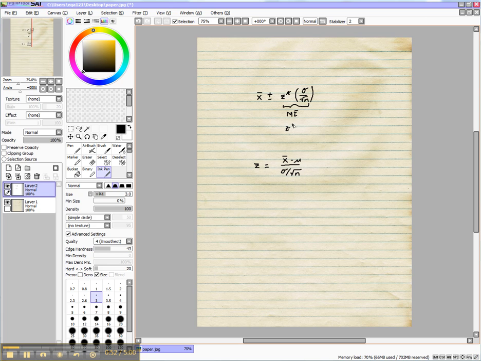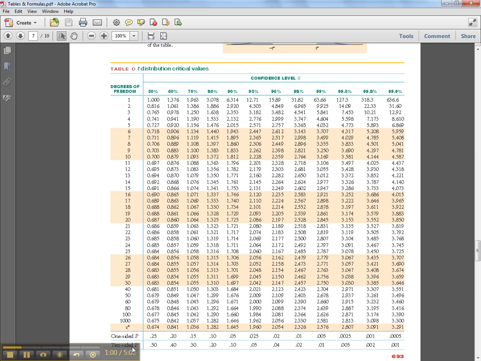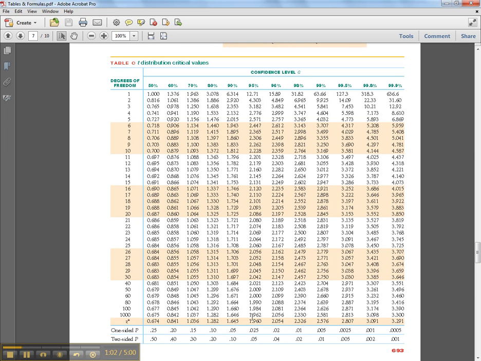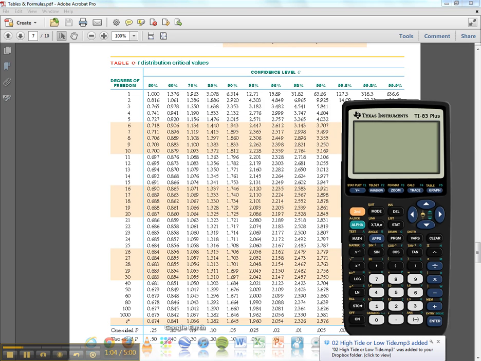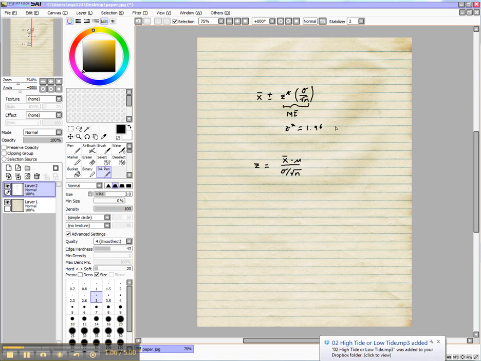What we know is that z star is equal to 1.96, I believe. Let's verify that. At 95%, yeah, 1.96. So going back to it, so z is 1.96. So what you're doing is you're multiplying 1.96 to sigma, and then the square root of n is actually divided to the whole thing, right?